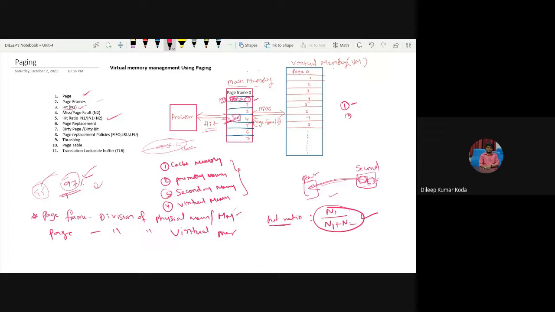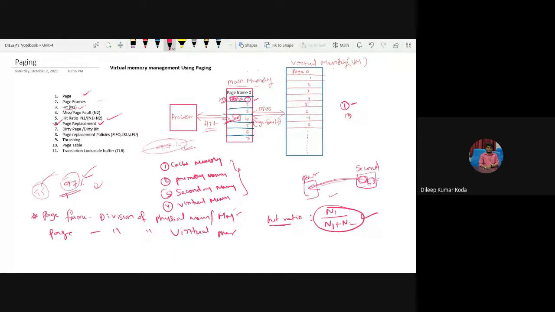Okay, right. Now, page replacement. What do you mean by page replacement? Any page can be present anywhere in the main memory. Any page of your virtual memory can be present in any page frame of your main memory.